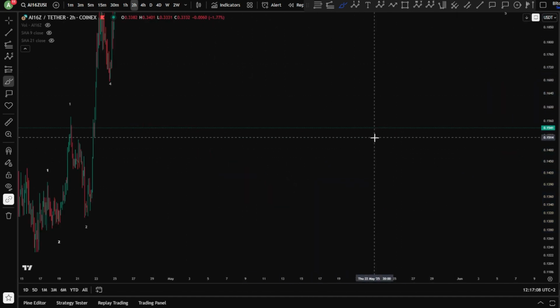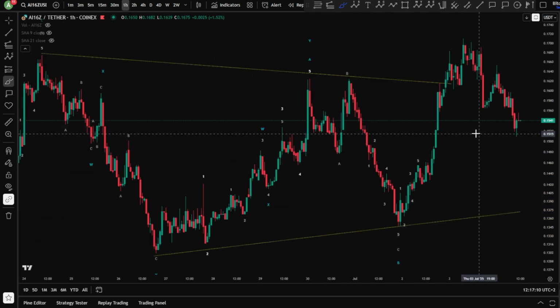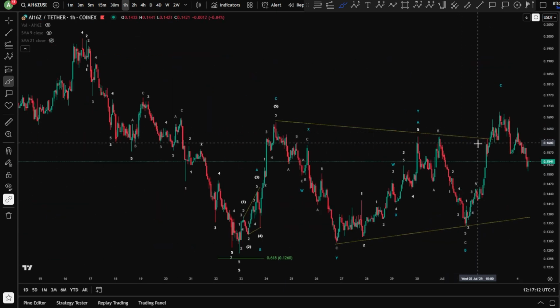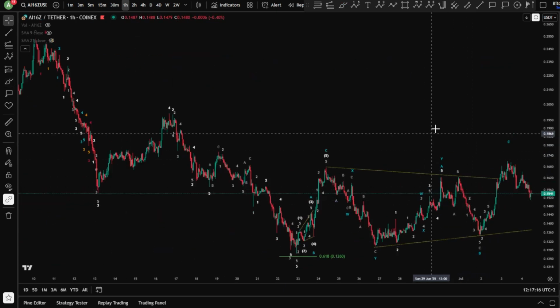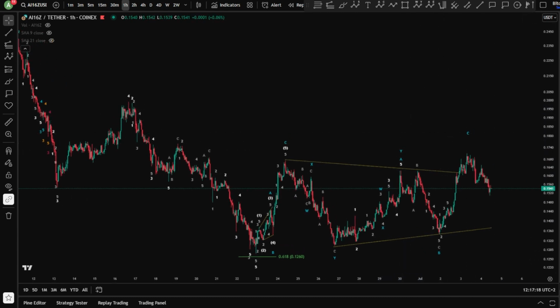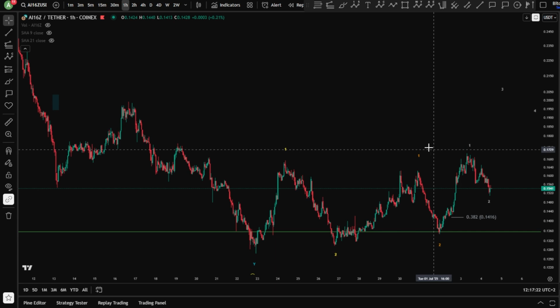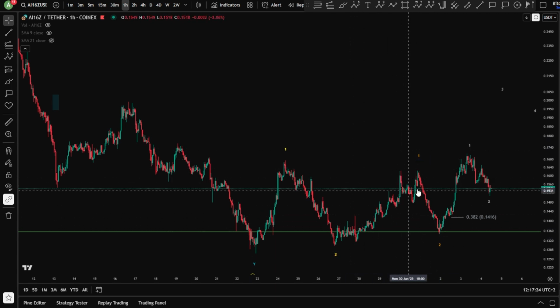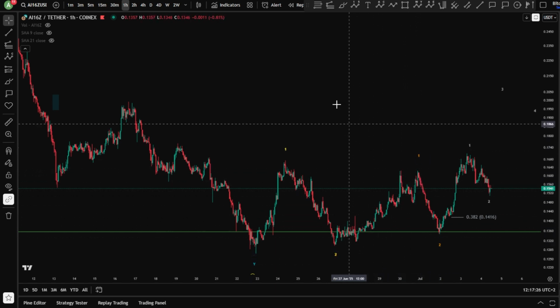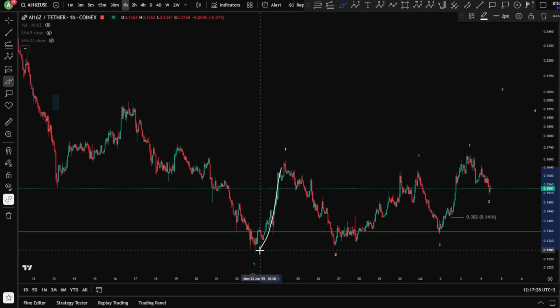Now the problem, back to the 1 hour chart here, the problem is in case that you are in a zigzag here, therefore you have a problem with an impulse toward the upside. Why? Because this can be, of course, an impulse, this one, which is different than this wave.